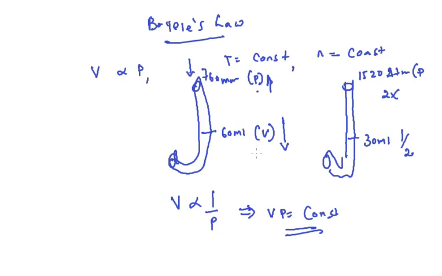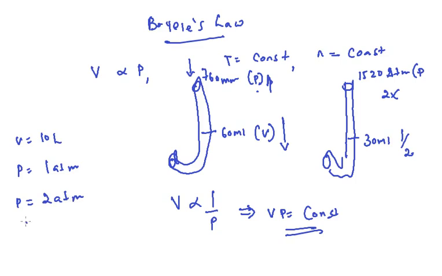Maybe we can illustrate an example of how Boyle's law can be applied. Let's say you have a volume of 10 liters, and let's say the pressure is 1 atm. If you want to double the pressure, instead of 1 atm, you make it 2 atm.